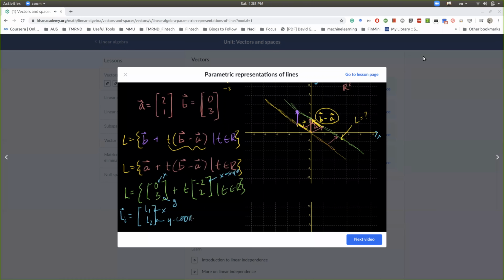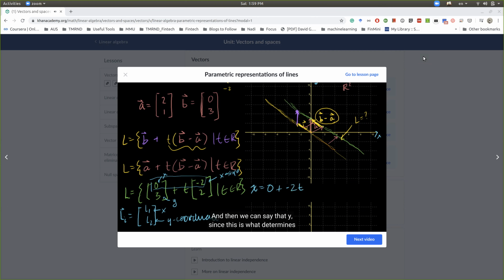And just to get this in a form that you recognize, we're saying that L is a set of this vector plus t times this vector b minus a here. If we wanted to write it in a parametric form, since this is what determines our x coordinate, we would say that x is equal to 0 plus t times minus 2, or minus 2t.